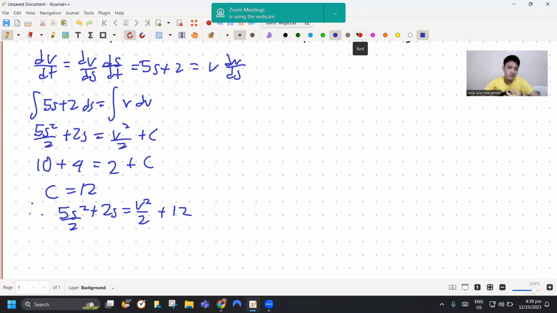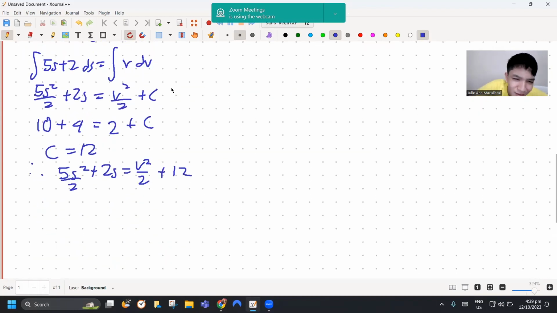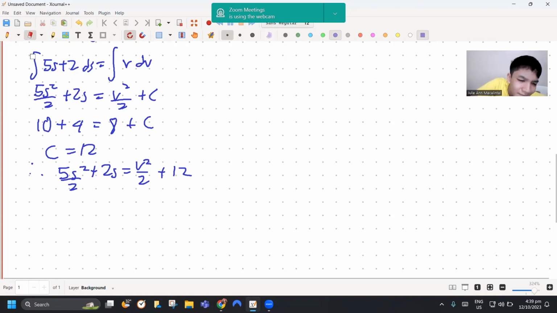Huwag muna, may mali. Ganito. Start ka dun sa third equation. Tapos yung C sa third equation at yung C sa fourth equation, nag-iba. V equals 4. Ah, I found it. Sneaky. Okay, so there's a 8. Hindi yan yung problem.